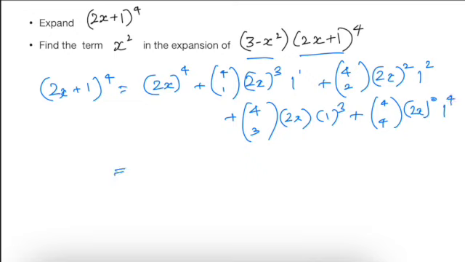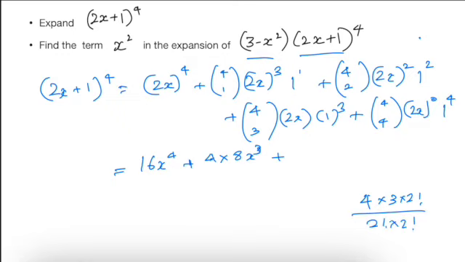Right, it's just 1. 16x to the power 4 plus 4C1 is nothing but 4. 4 into 8x cube, right, plus 4C2. What is 4C2? 4 into 3 into 2 factorial divided by 2 factorial into 2 factorial. The 2 cancels, it is 6.